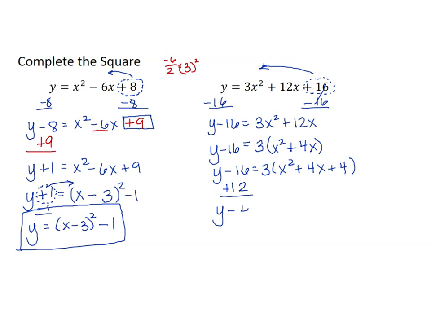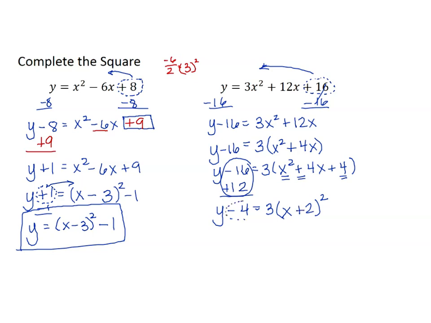On the left, we will get y minus 4, because that's what we get when we combine these like terms. On the right, we'll have 3, and then we can write our binomial squared. We take the square root of the first term, square root of the last term, sign of the middle term.